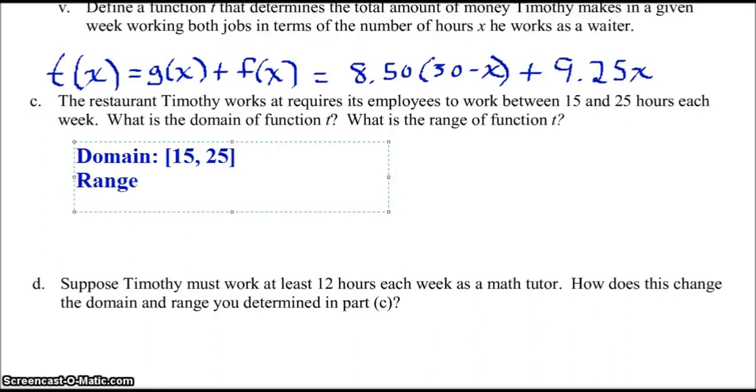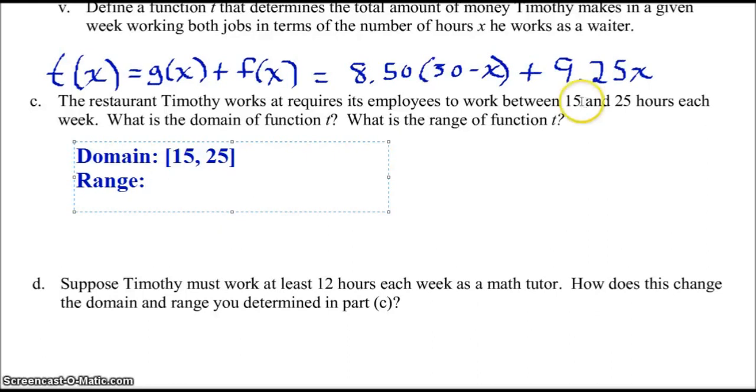Okay, now how about the range of the function? Well, since the domain is 15 to 25, that represents the smallest number of hours he can work is 15, and the maximum amount of hours that he can work is 25.